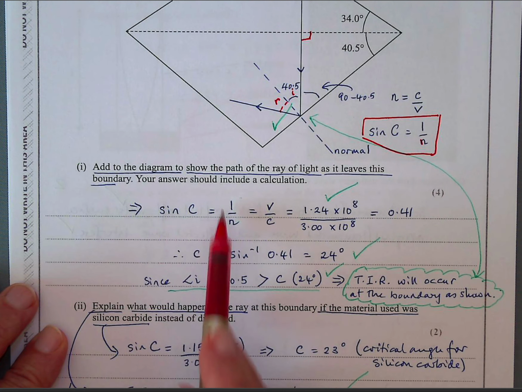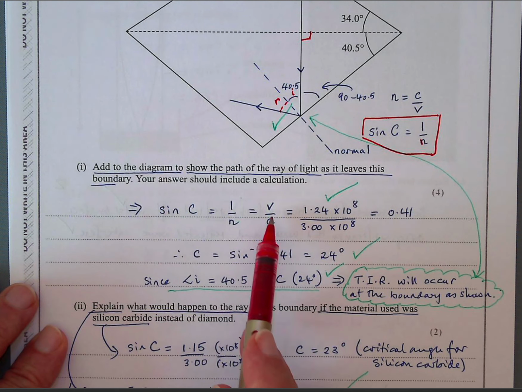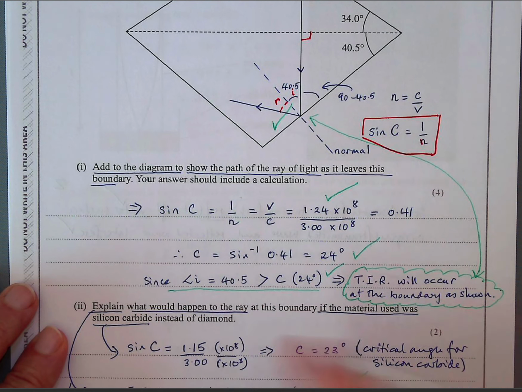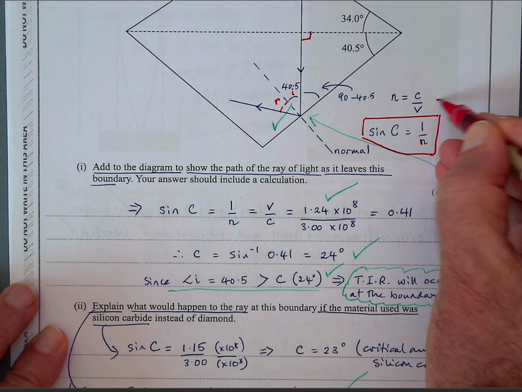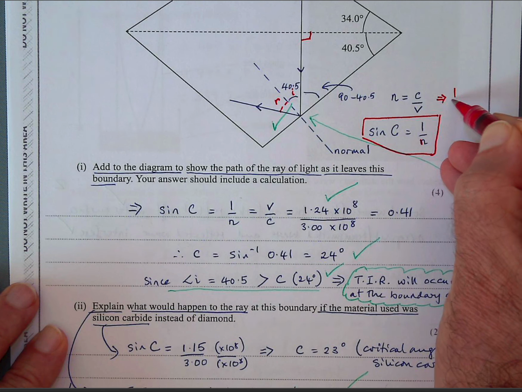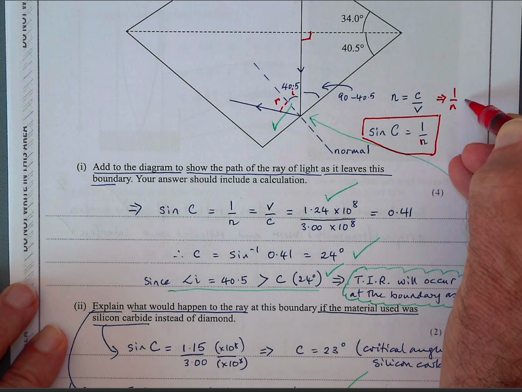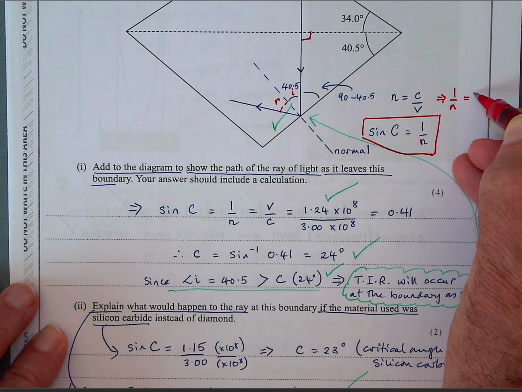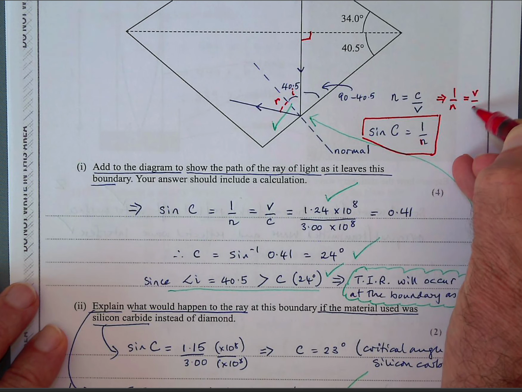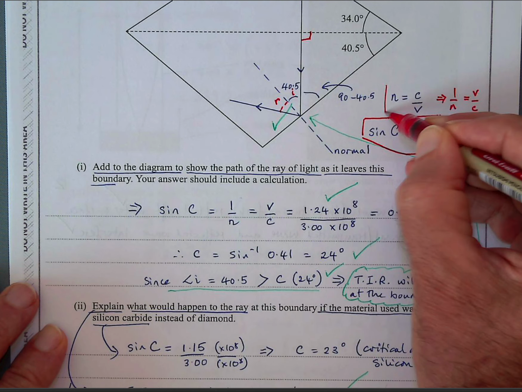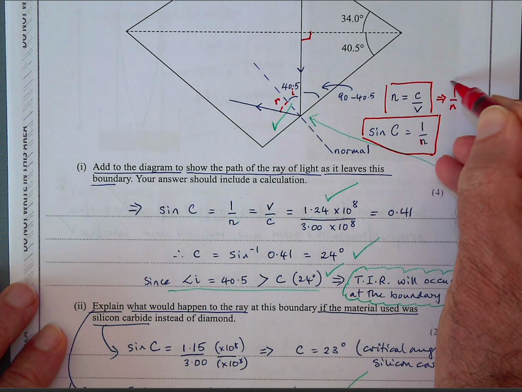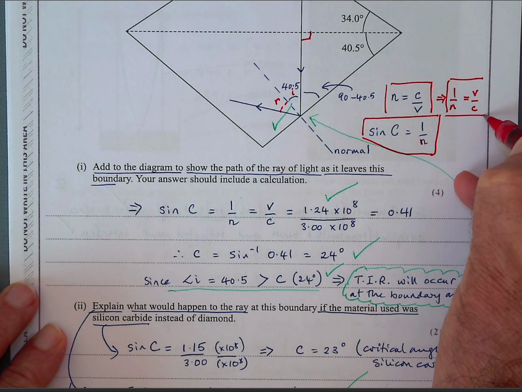So sine c is 1 over n, and n is c over v, therefore 1 over n, which is sine c, is equal to v over c, just swapping the equations round. This is given to you, this you have to work out.